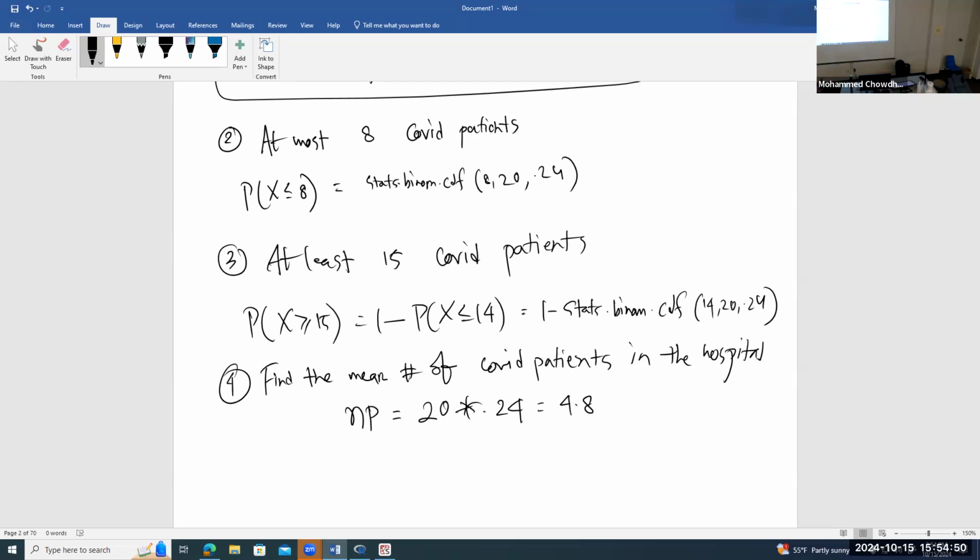Understand? And find the probability that among the 20 nurses, 7 of them graduated from Western Illinois University. The probability of graduating from Western Illinois University is 0.3. Understand, right?